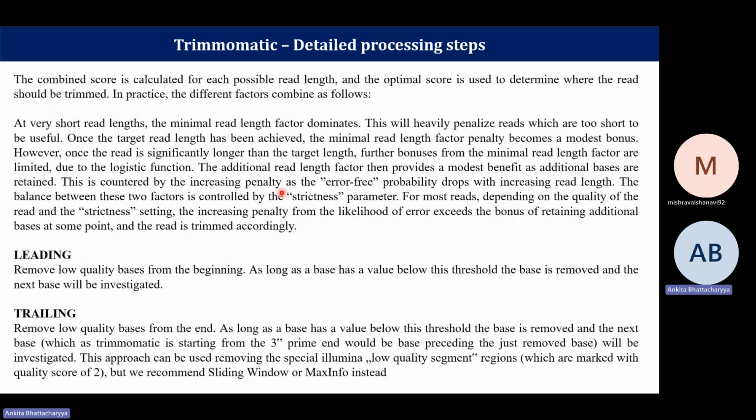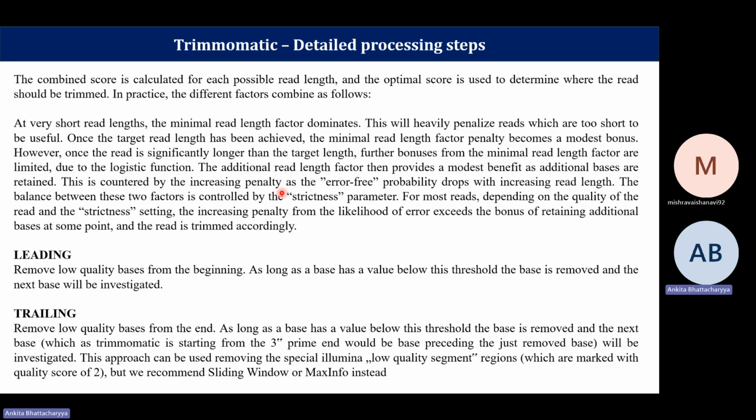If your read length is very short, then the first parameter will predominate. What does it mean? It means that it will very heavily penalize those reads which are too short to be useful. Once the target read length has been achieved, the minimal read length factor penalty becomes a modest bonus. It's simply having an advantage. However, once the read is significantly longer than the target length, further bonuses from the minimal read length factor are limited due to the logistic function.